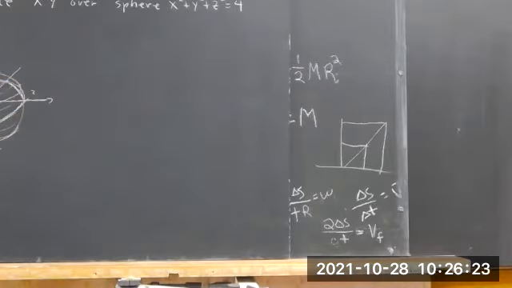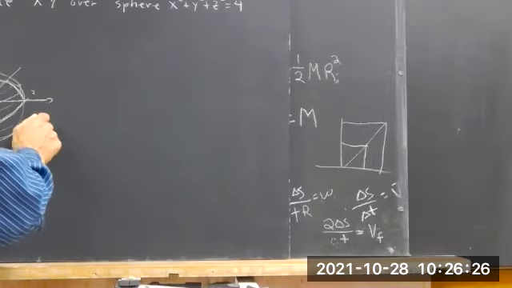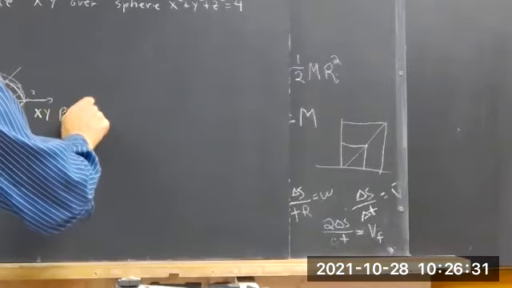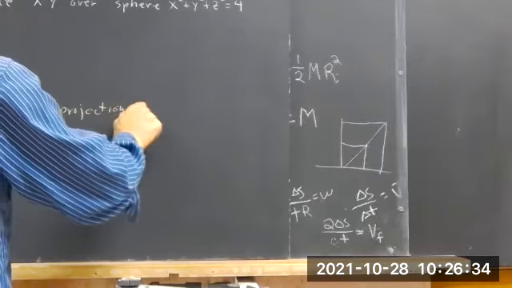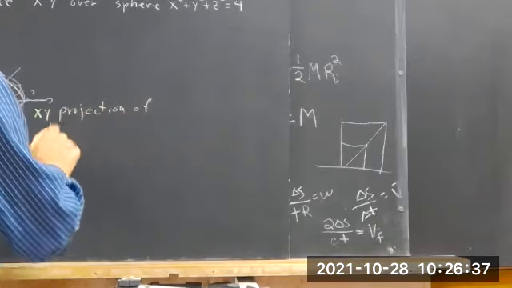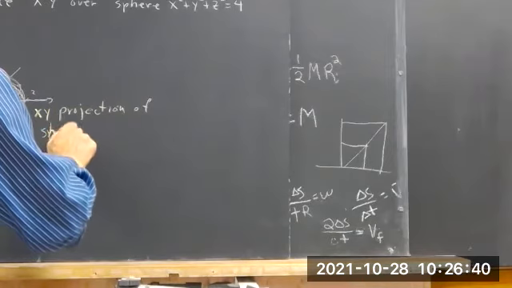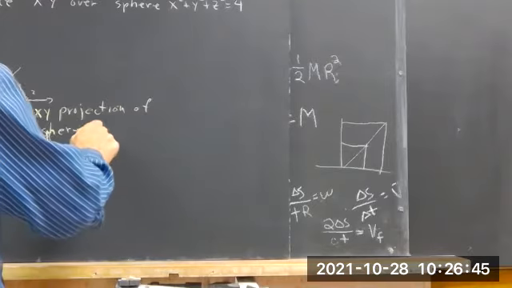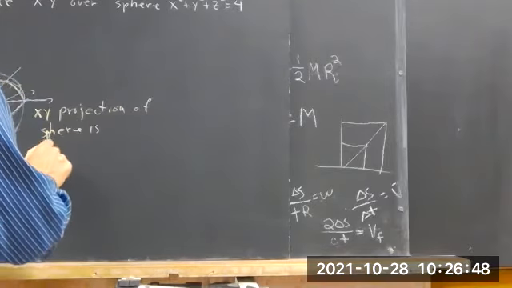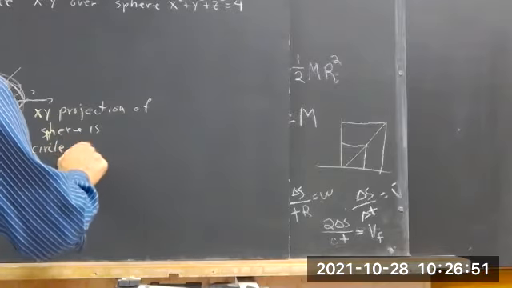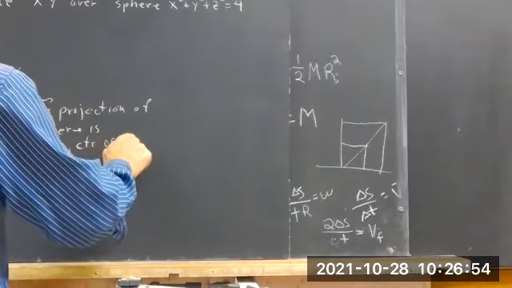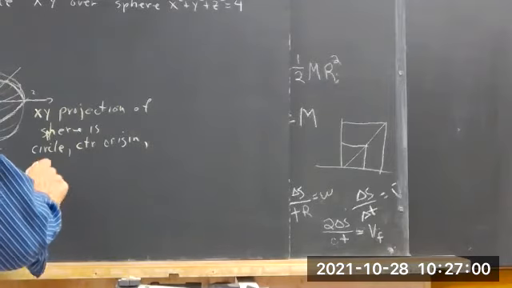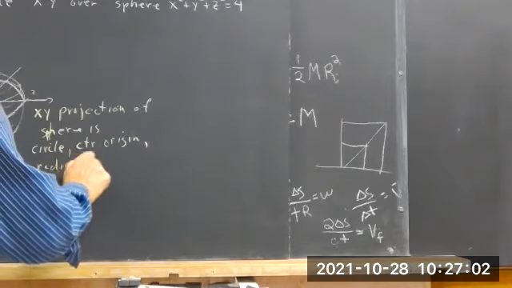And this circle is, of course, called the XY projection of the sphere: the circle centered at the origin, radius 2.